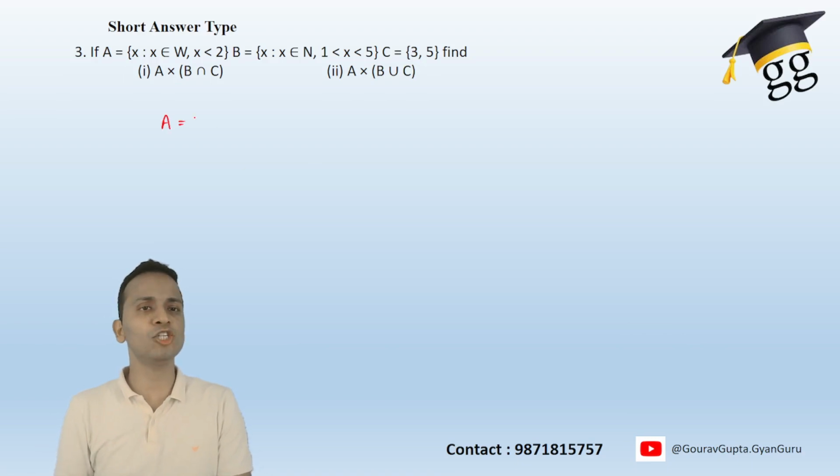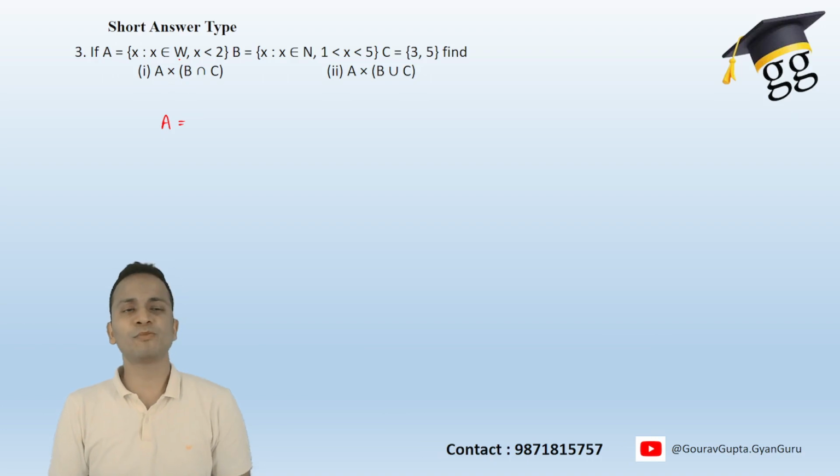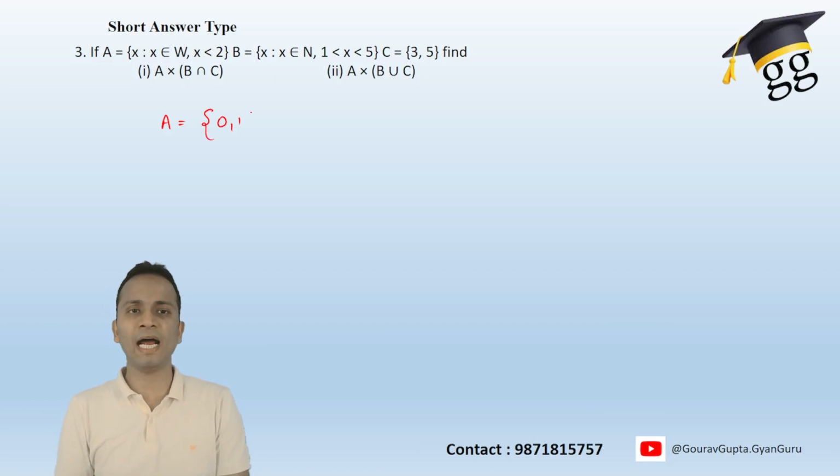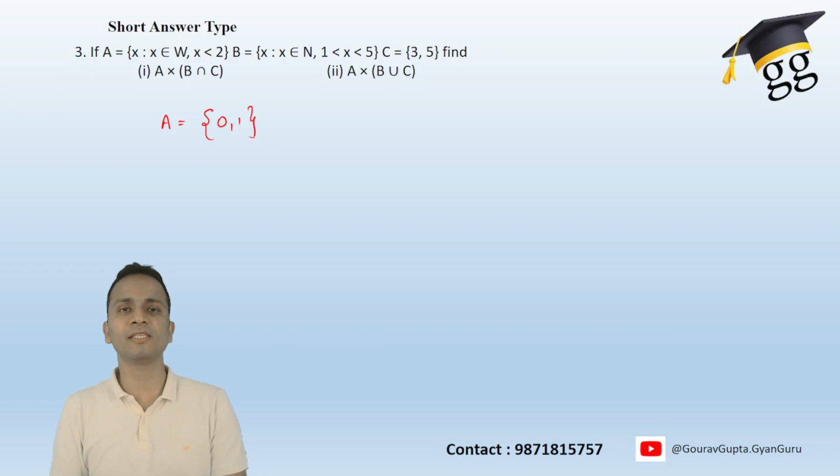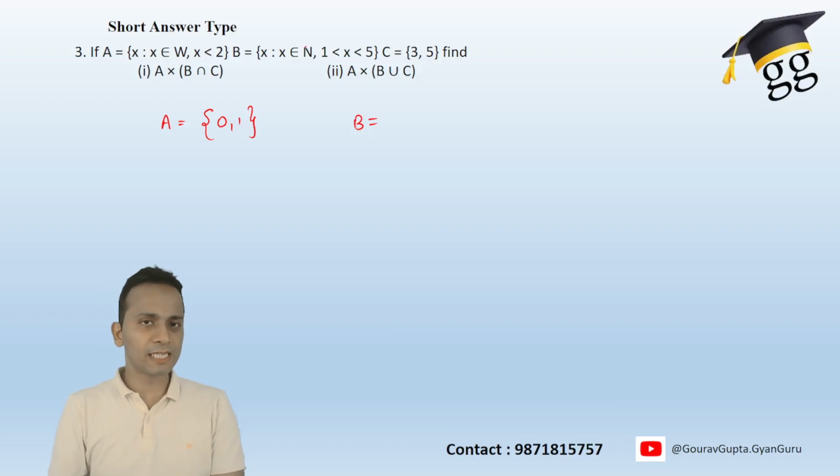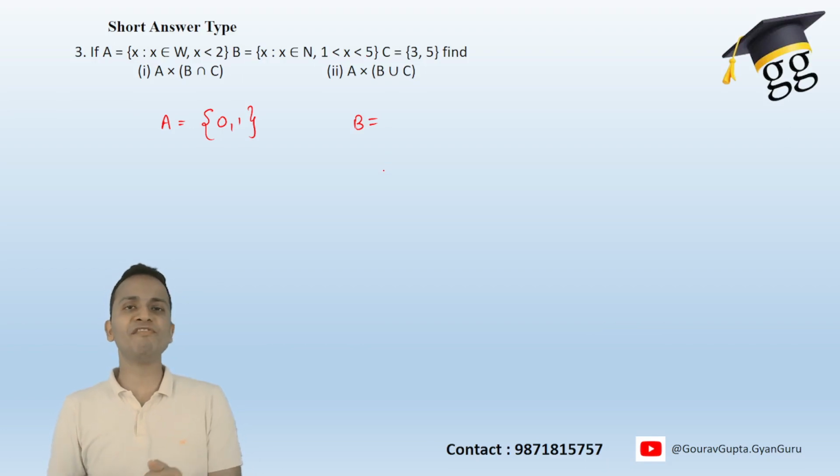A is equal to {X such that X belongs to W, a whole number, and X is less than 2}. So 2 से छोटे whole numbers क्या क्या होंगे? 0 and 1. So A has two elements, 0 and 1. Now talking about B is equal to {X such that X is a natural number and X is greater than 1 and less than 5}.